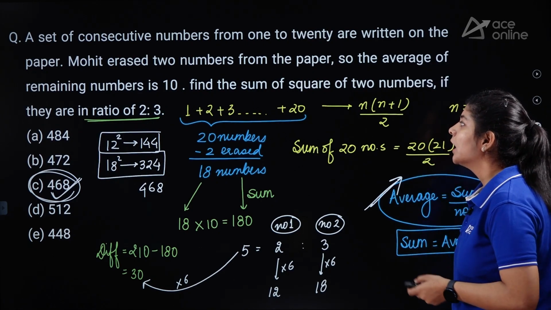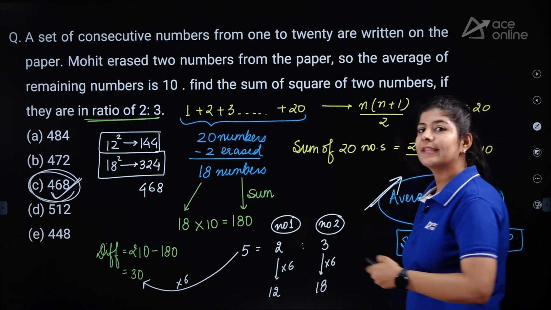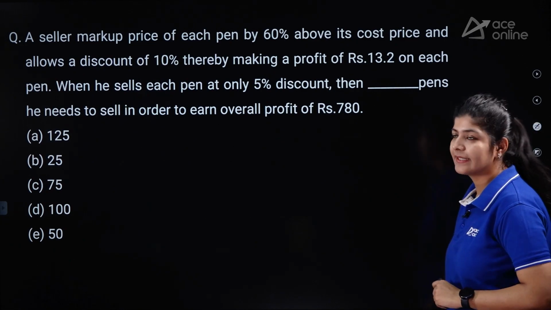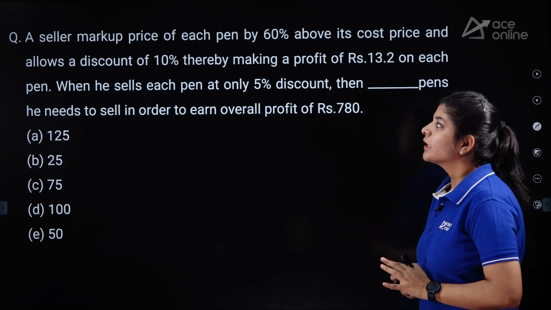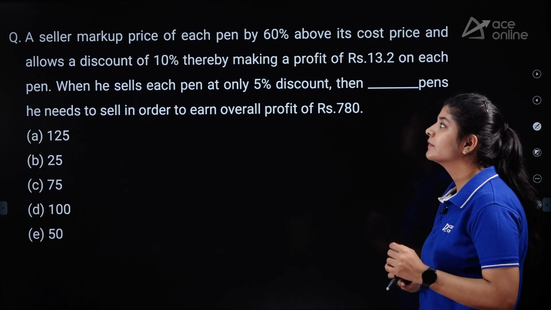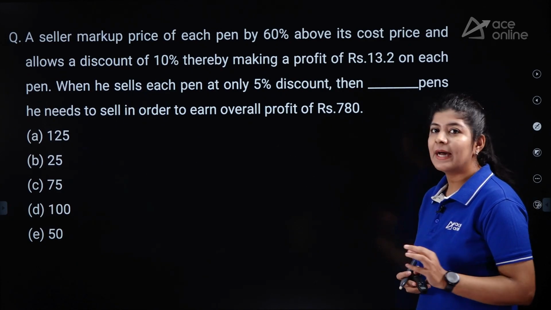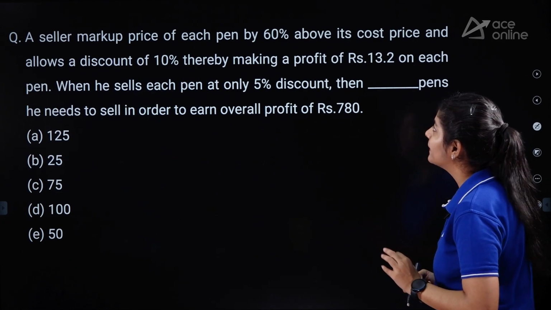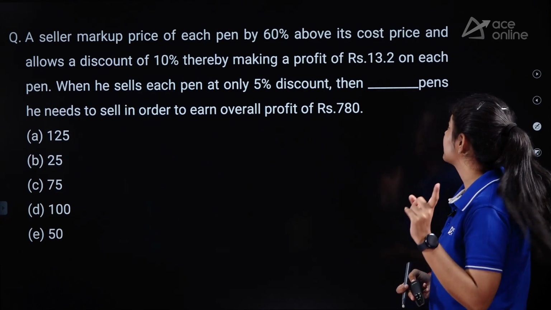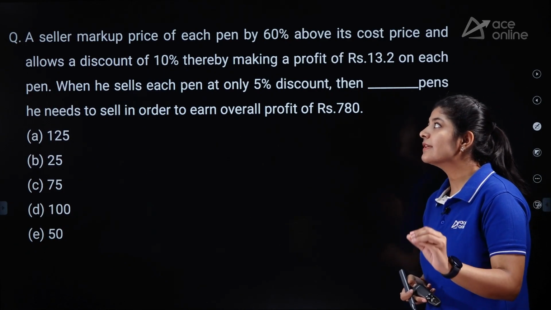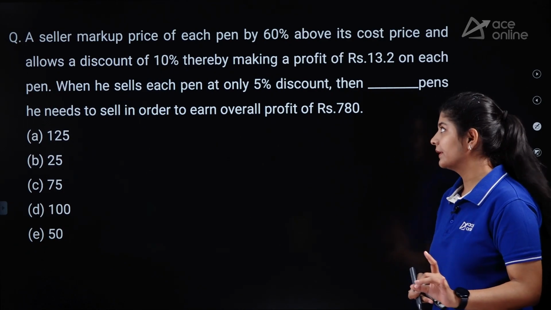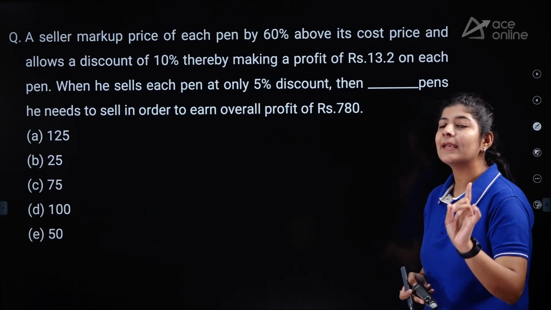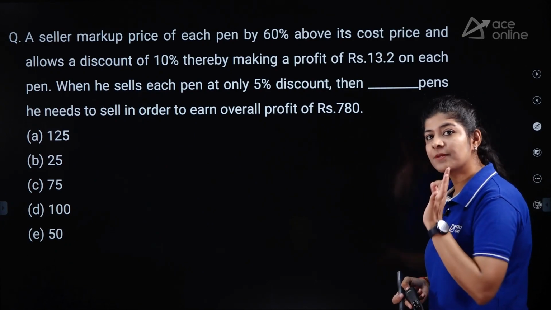Okay. Now, let's move towards the next question and see what it is and how we are going to deal with it. The next question says that a seller marks up the price of each pen by 60% above its cost price and allows a discount of 10%, thereby making a profit of rupees 13.2 on each pen.